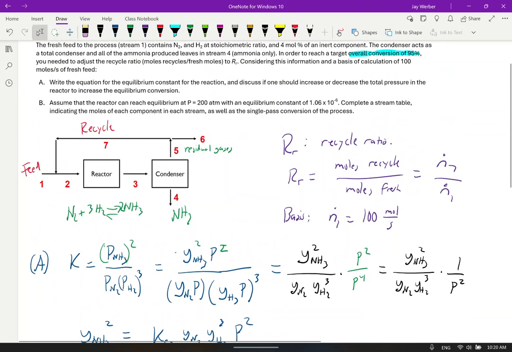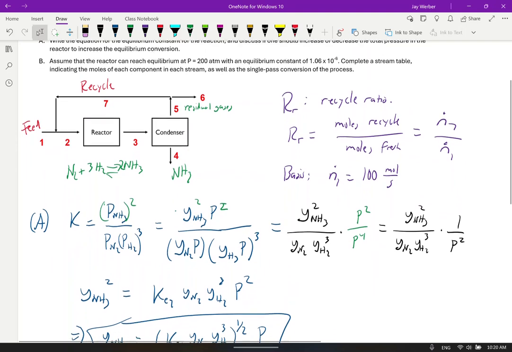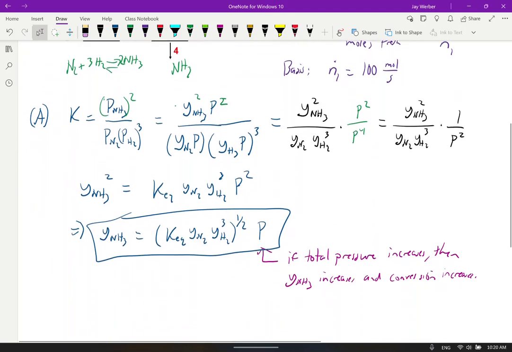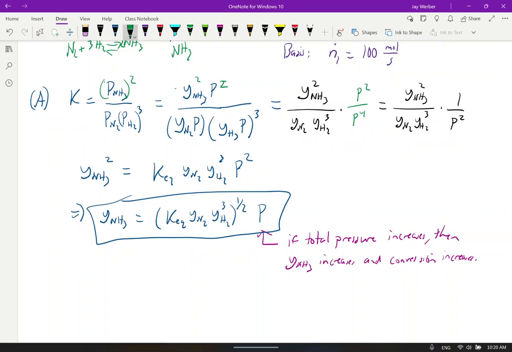And that is why in B, we assume that the reactor can reach equilibrium at a pressure of 200 atmospheres. So 200 atmospheres is 200 times the 1 atmosphere of pressure, which is fairly high pressure. And we have an equilibrium constant of 1.06 times 10 to the negative 6th. And now we need to try and solve this process.